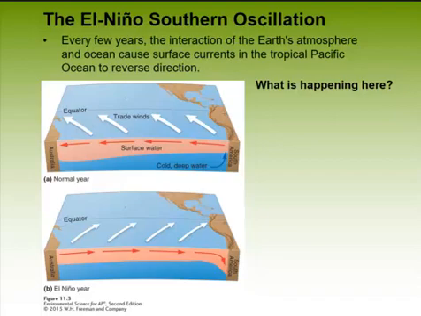This in turn slows the ocean current that draws surface water away from the west coast of South America and reduces upwelling of cold, nutrient-rich water from the deeper ocean, flattening out the thermocline and allowing warm surface water to build in the eastern part of the basin. The strengthening and weakening of the trade winds is a function of changes in the pressure gradient of the atmosphere over the tropical Pacific. Okay, so just look back at the picture here.